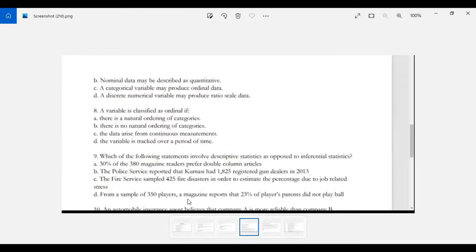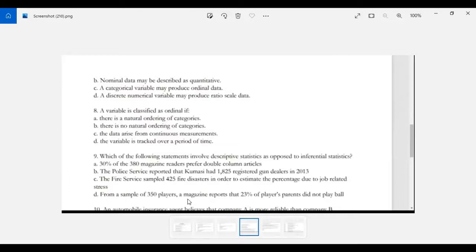Question 8. A variable is classified as ordinal if A. There is a natural ordering of categories. B. If there is no natural ordering of categories. C. If the data arise from continuous measurements. And D. If the variable is tracked over a period of time.